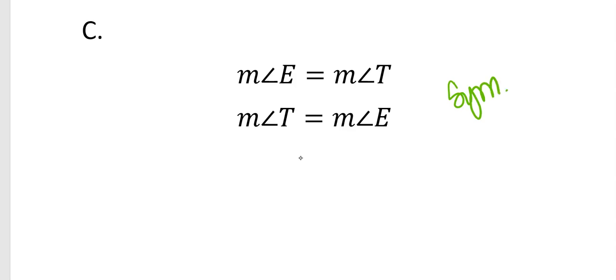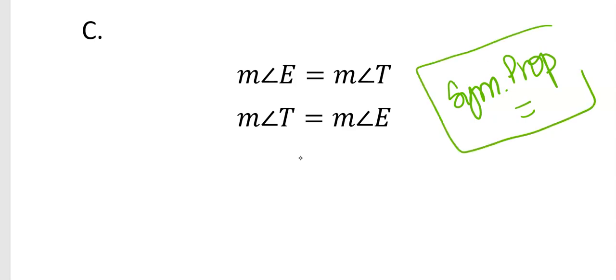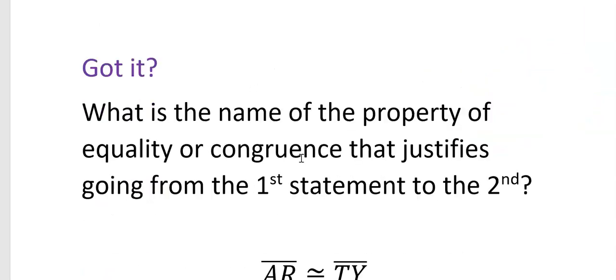You can abbreviate it SYM if you want to. And it has an equals in there, so I'm going to put symmetric property of equality. If you don't want to write out of equality every time, just throw a little equal symbol in there and we'll call it good. Eventually, they'll have a congruence in there. And some of these you just have to look at a few times and you're going to know them. Symmetric is usually pretty easy to spot. Transitive is easy to spot, and so is reflexive. But reflexive just seems weird when they put the same thing on the left as they do on the right.